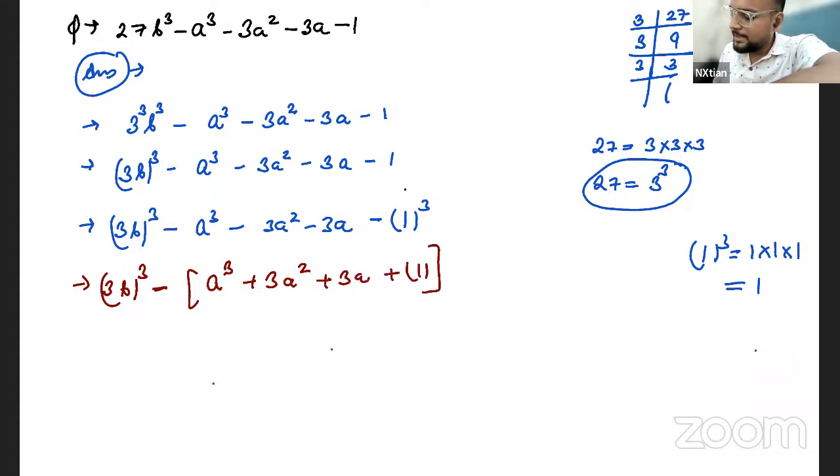What I did, I took out the minus sign as a common. If I take out the minus sign as a common, every minus sign will become plus and the plus sign will become minus. So here it is minus, it becomes plus; minus becomes plus; minus becomes plus. Understood, Hera? Everyone understood? Jahoan? Yes or no? What I did, first I just changed 27b cube like this. First let me write it down, then I will let you know step by step.